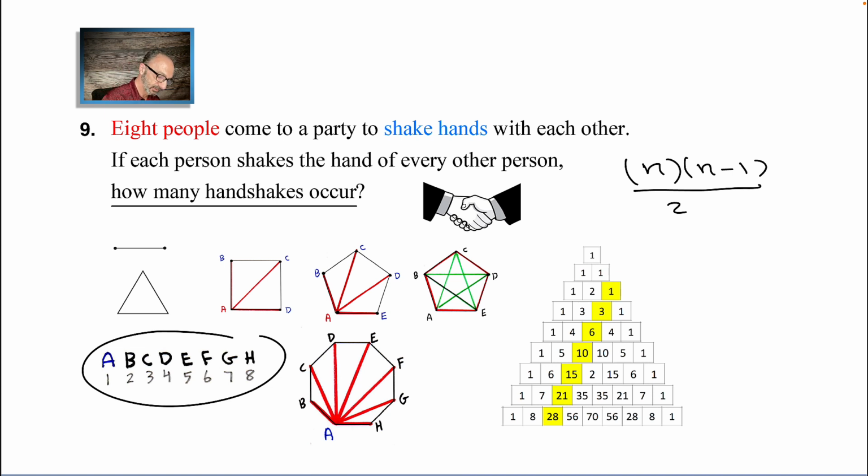So 8 multiplied by 8 minus 1 over 2 will be 8 times 7 over 2.